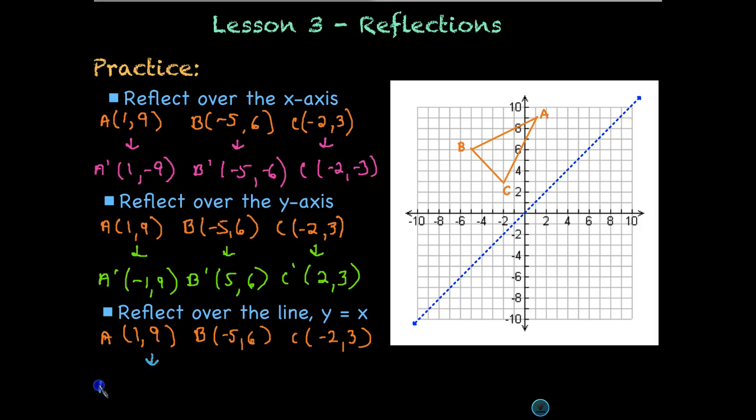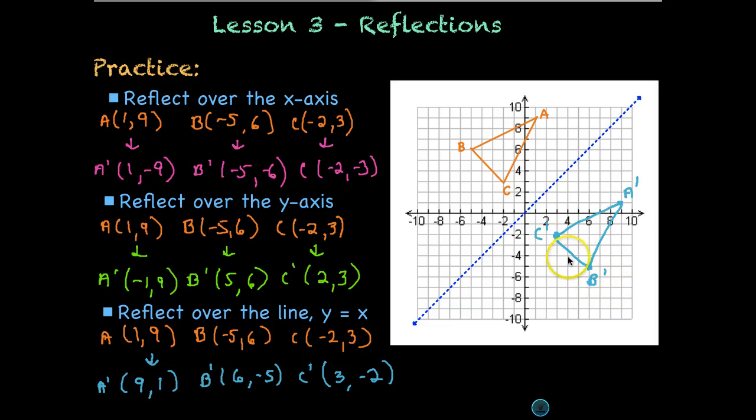Okay, so if we remember our rule, and if you look back in your notes, all we have to do, we don't change any signs, we just flip the points. So x becomes y and y becomes x. So all I'm doing is flipping my points for my A prime, for my B prime, and for my C prime. Now we can graph these points and see what we get.